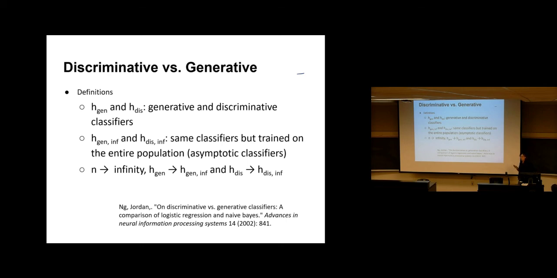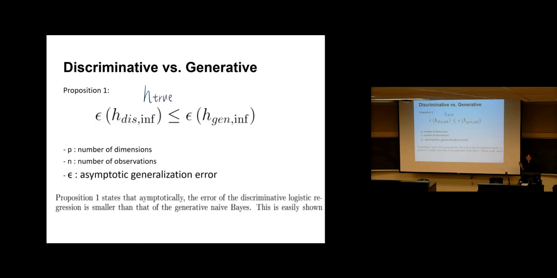The first proposition is that when you have an infinite number of samples, your generalization error, your prediction versus the truth, from the discriminative classifier is smaller than from the generative classifier. Remember: when you have enough data, in this case infinite samples, the generalization error of the discriminative classifier is smaller compared to the generative model.